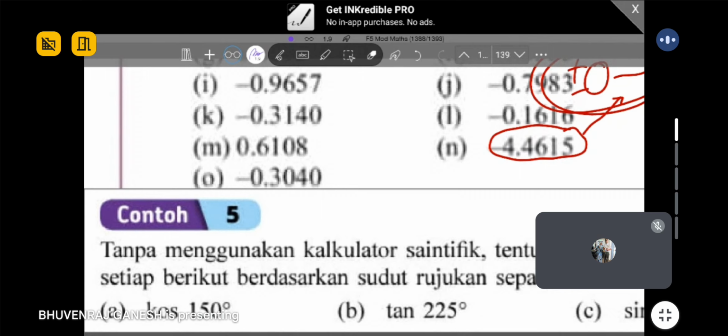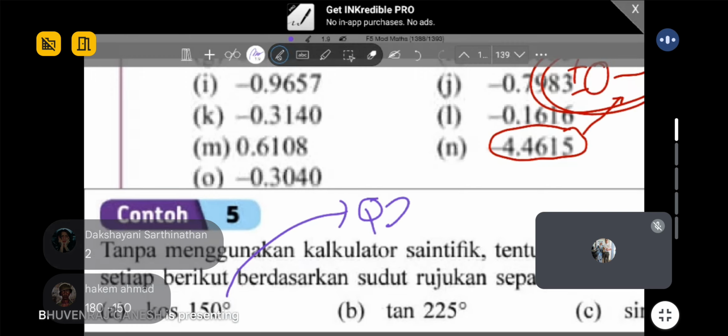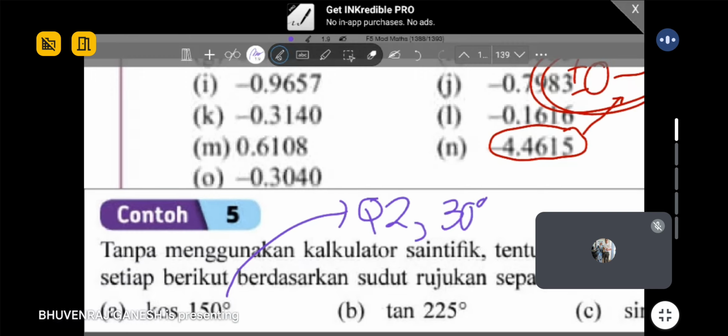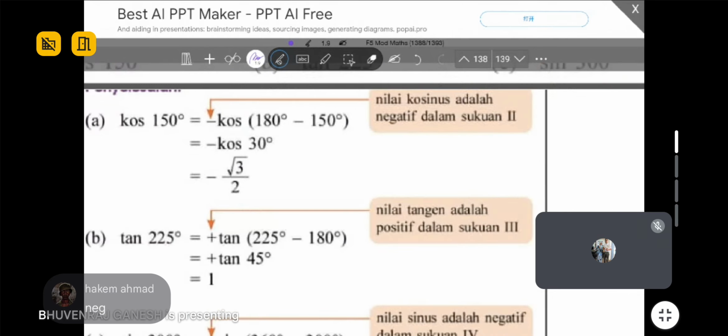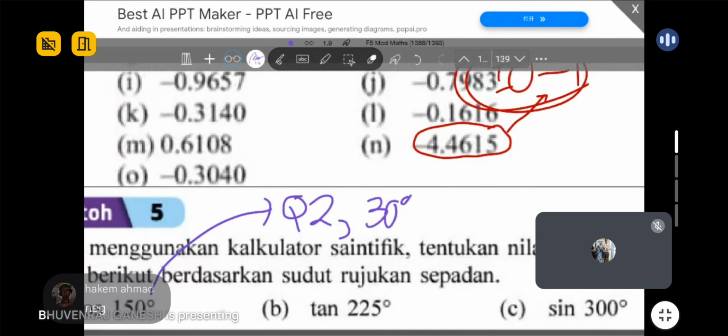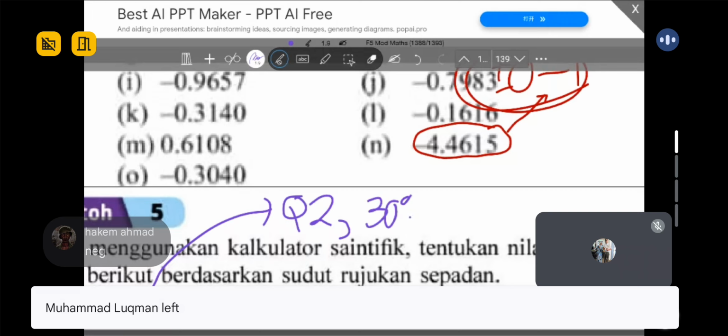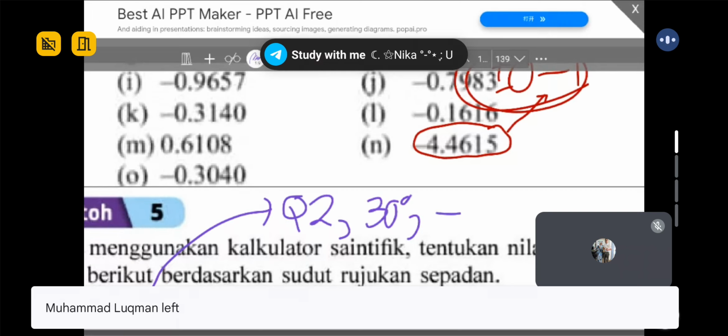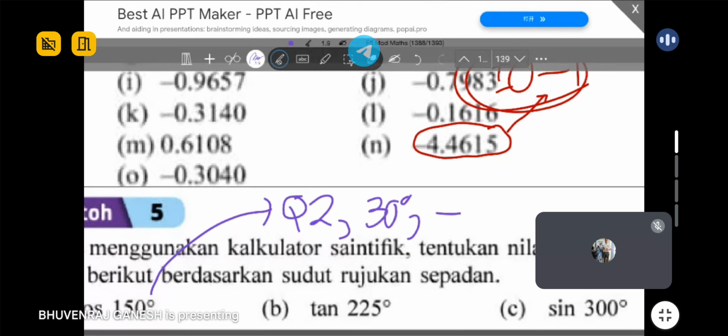Apa sudut rujukan dia? 150 degrees. Okay, yes. Quadrant 2. Very good. Okay, 30 degree reference angle. Okay, positive or negative for this one? Yes. Okay, you should get negative answer. Okay, jawapan negatif. Because cos adalah negatif dalam kuadran kedua.